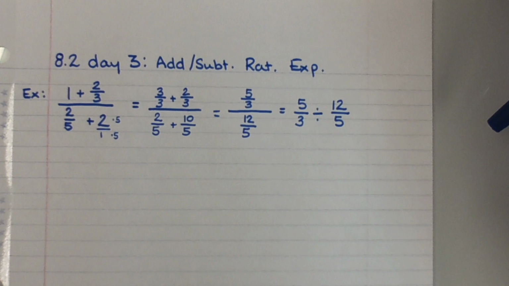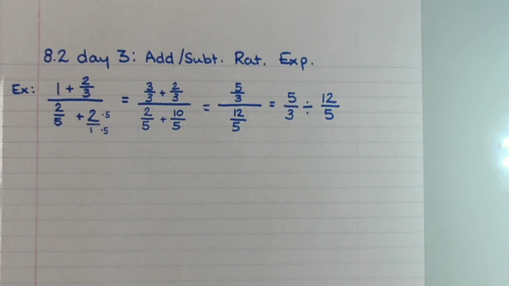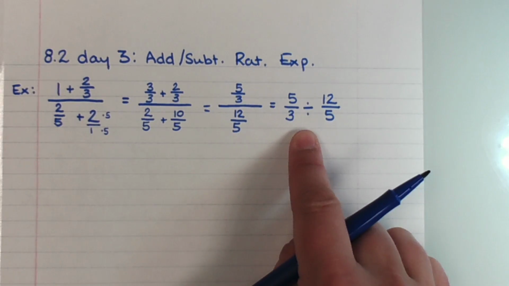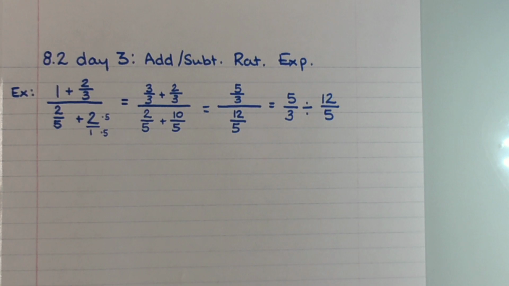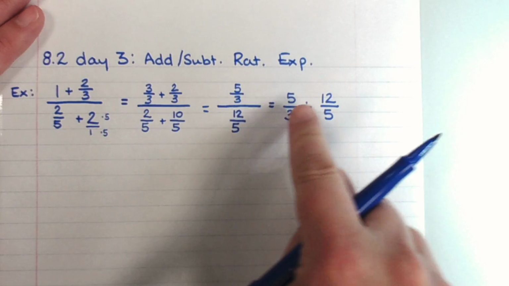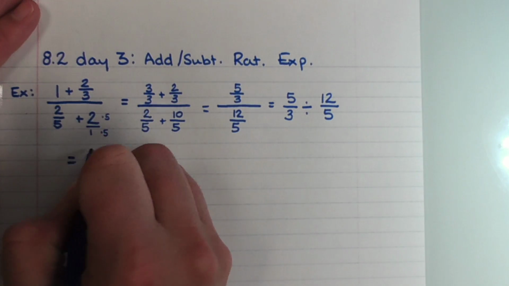So now those skills that we gained from both 8.1 and 8.2 are starting to move together. How do we divide fractions? Keep, change, flip. So, 5/3, keep that.